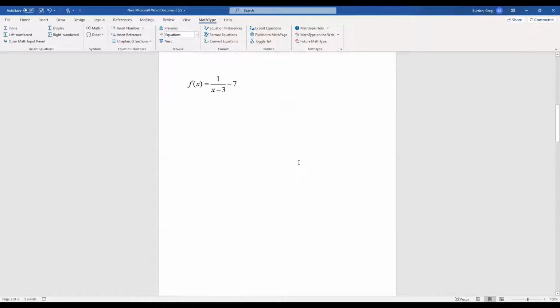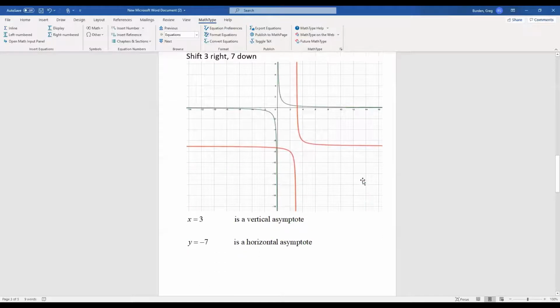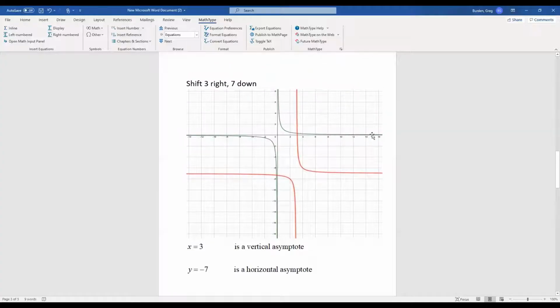Okay, so we know what the graph should look like, and here it is. If you look at the green curve that we started with, y equals 1 over x, the red curve has exactly the same shape, exactly the same size, so to speak. They're congruent shapes, meaning that you could superimpose one on the other if you could just pick it up and move it.